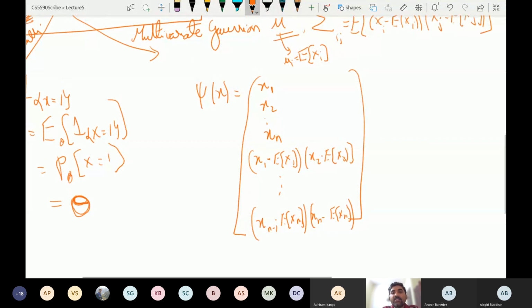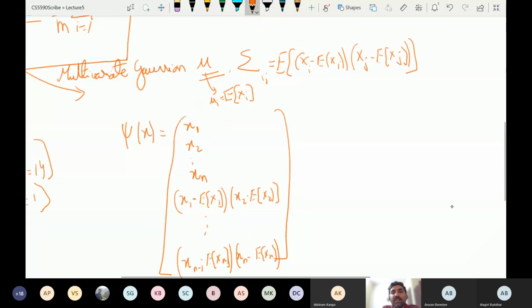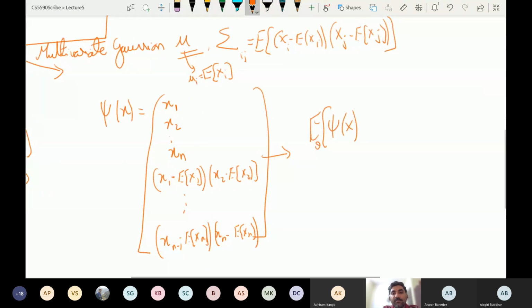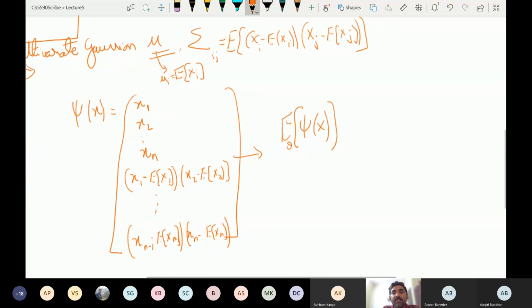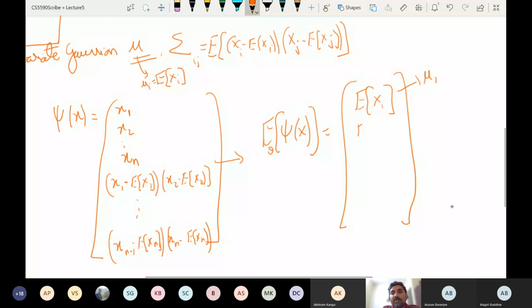So why this choice? Because when we consider the expected value of psi function at parameter theta, mu and sigma, basically that will be simply the expectation of x1, which is nothing but mu1, then expectation of x2, which is nothing but mu2, and expectation of xn, which is nothing but mu n.